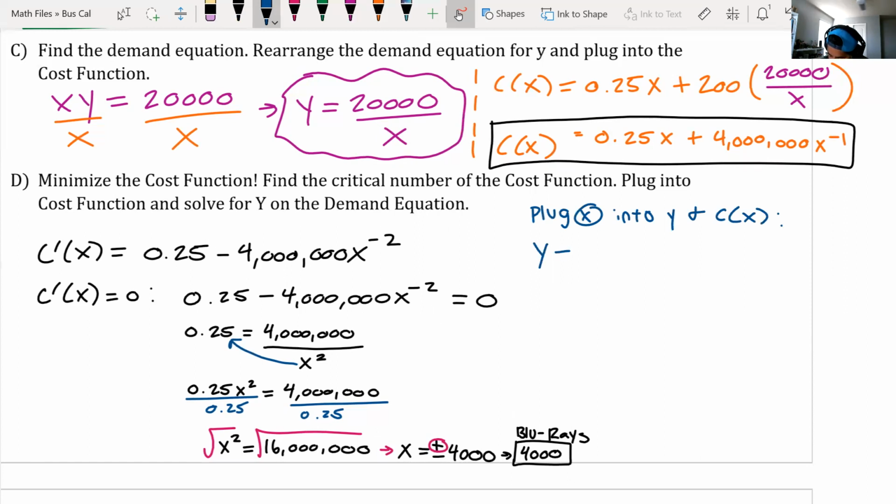So Y is going to equal 20,000 over 4,000, which is just 5. That is the number of production runs we need to do each year to make 20,000 Blu-rays. So for each production run, we're making 4,000 Blu-rays.